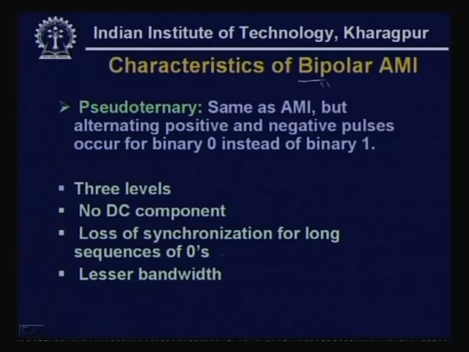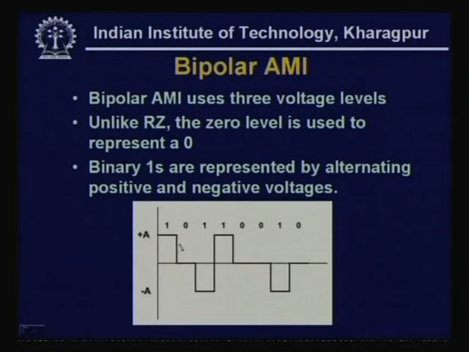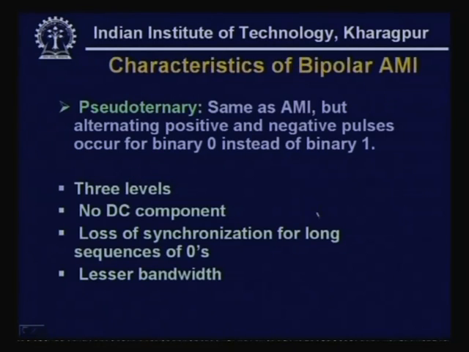Somewhat similar to bipolar AMI, we have pseudo ternary. It is the same as AMI, but alternating positive and negative pulses occur for binary 0 instead of binary 1. In the previous case, alternating voltages take place for 1. In case of pseudo ternary, if we replace the 1s by zeros and zeros by 1s, it will be pseudo ternary. So, the characteristics will be the same as bipolar AMI.